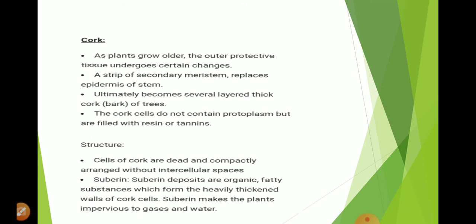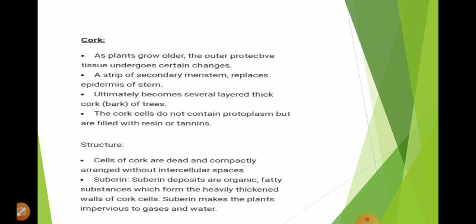So the cork cell is a protective tissue of older root and stem, and it comes from the lateral meristem. You have studied about the lateral meristem, intercalary meristem and apical meristem. So the cork cells are derived from the lateral meristem called the cork cambium.